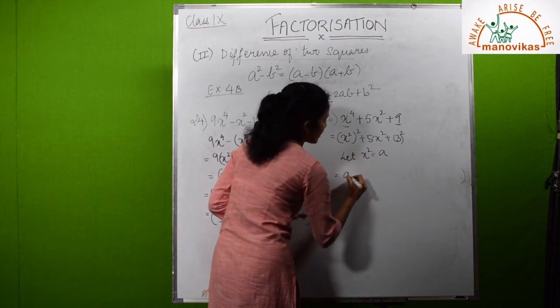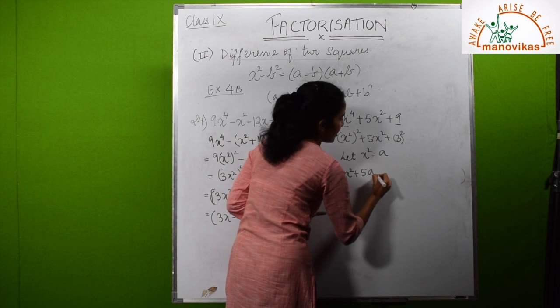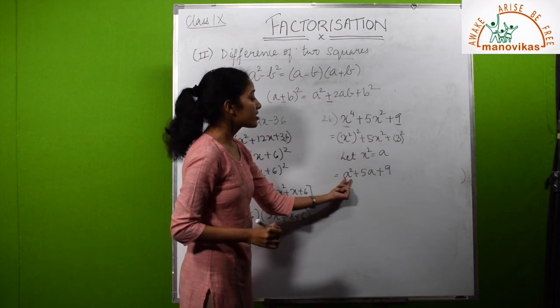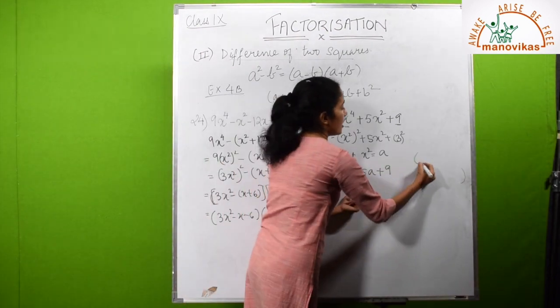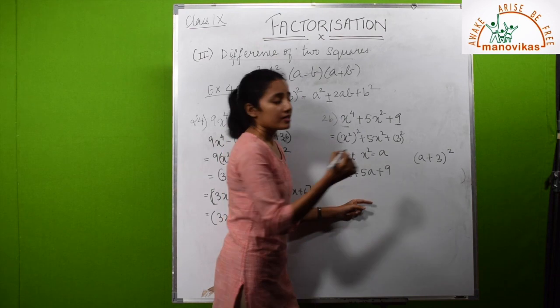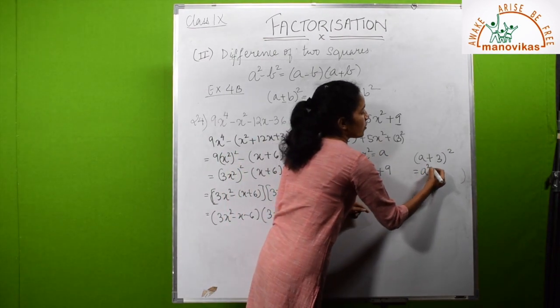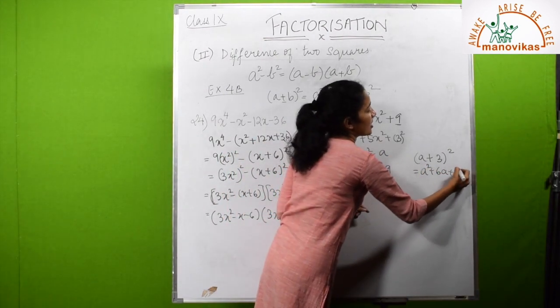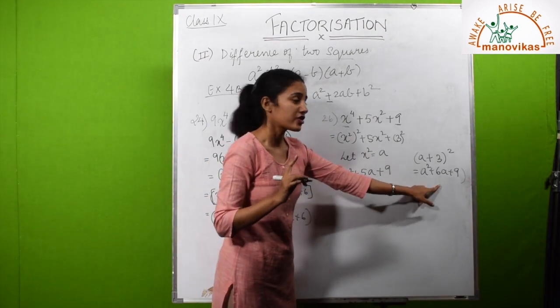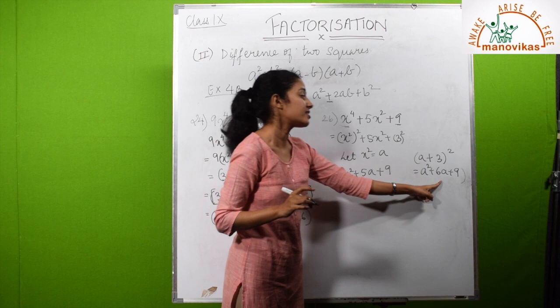So I have this as a square plus 5a plus 9. Now let us check if this is the expansion here. (a plus 3) the whole square is equal to a square plus 6a plus 9. We see that both expressions are almost the same, except for this 5 and 6.